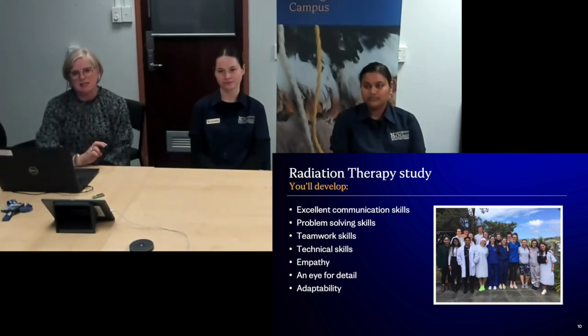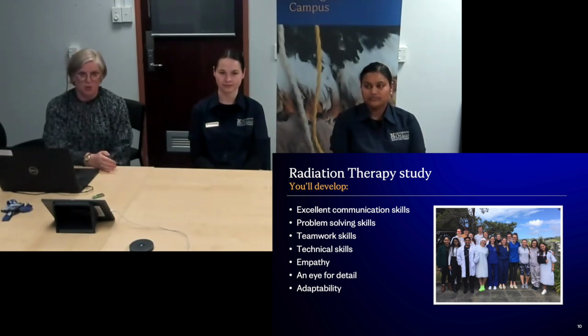If you study radiation therapy, we study lots of axes, and obviously the technical aspects of what we are very much what you're going to learn about. But the other things we're really focusing on are those excellent communication skills. All of our patients have cancer. When they come to us, they are all very vulnerable. And right from the very first time we meet them, we're having to have some quite open and medically difficult conversations sometimes with our patients.